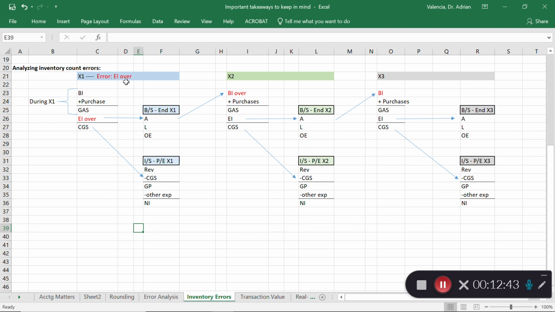Maybe it just continues and we never find out that the error actually occurred. So when I say that we have this error, it's because nobody has been able to figure it out on time to say, oh, let's correct this. But nevertheless, it's important for us to understand how that error that nobody found is going to affect the financial statements.